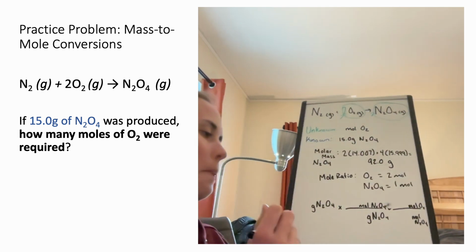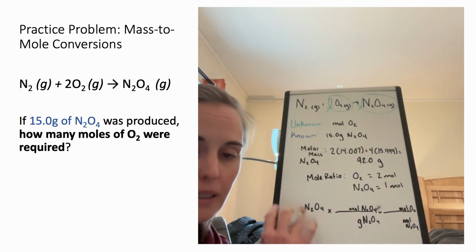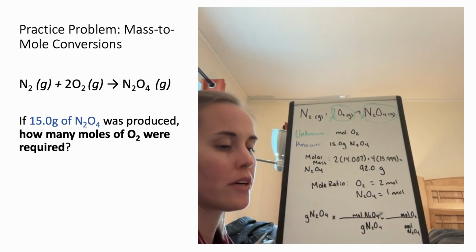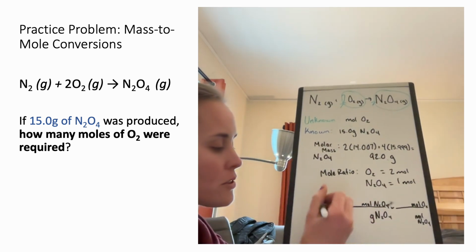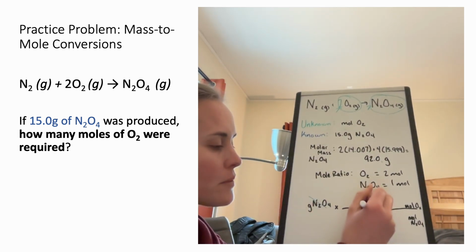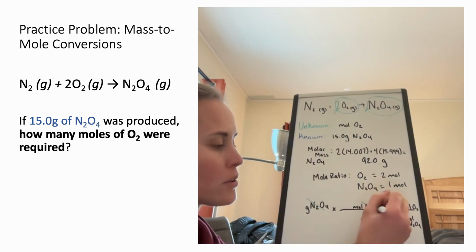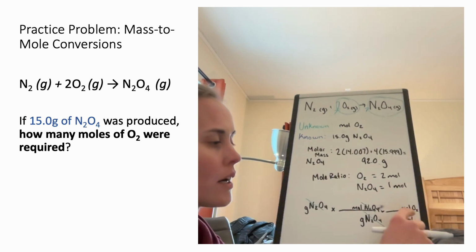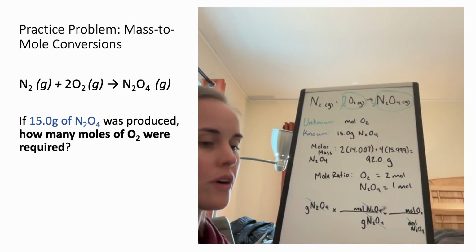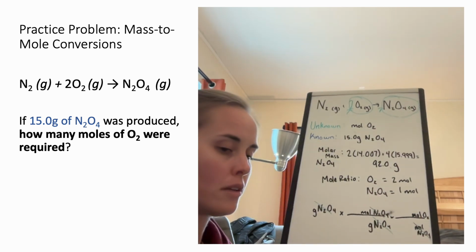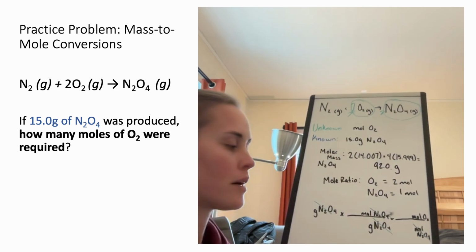So now that we've set this up, if we were to ask, did I set that up correctly? I would just cross off my units. Grams of N2O4, grams of N2O4, moles of N2O4, moles of N2O4. And I'm left with moles of oxygen. So now we can actually write in our numbers.